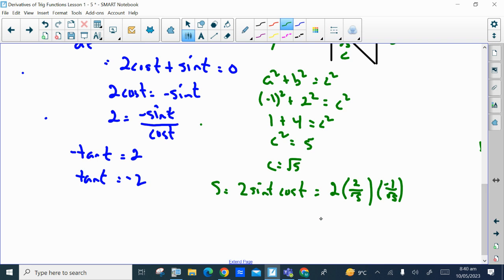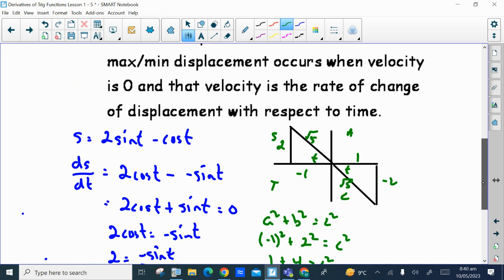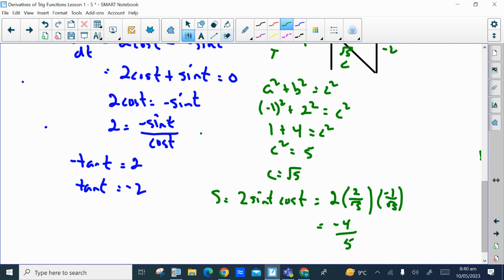So if you multiply those out, 2 times 2 is 4 over root 5, times negative 1 is negative 4 over root 5, times root 5 is 5. Oh, I'm sorry, it should have been minus, not times. I apologize. It's 2 sine t minus cos t. So let's fix that.